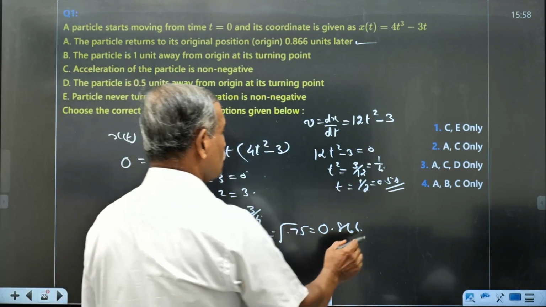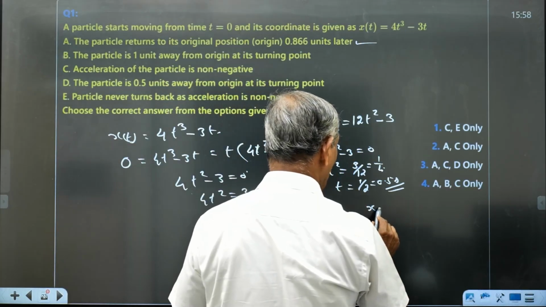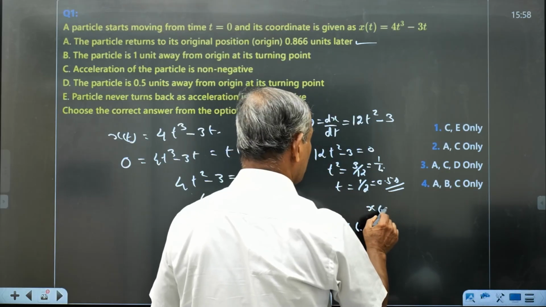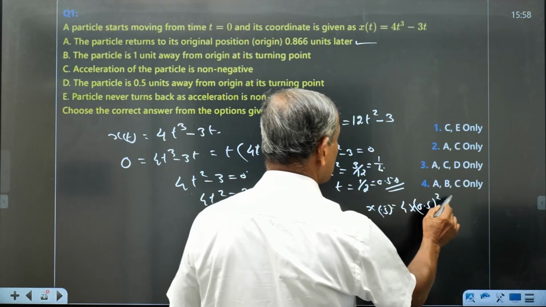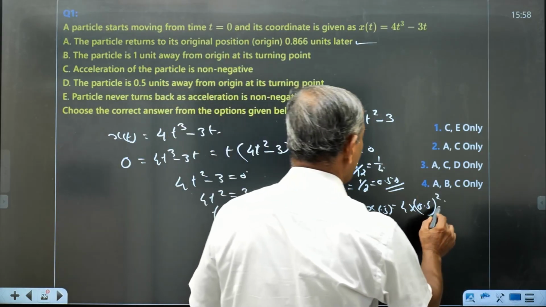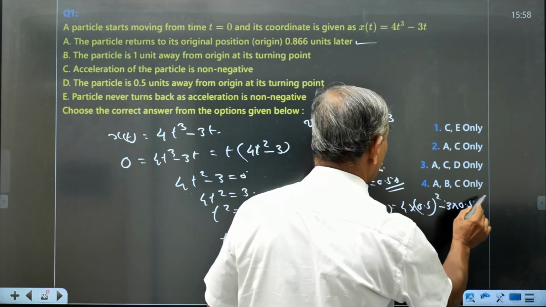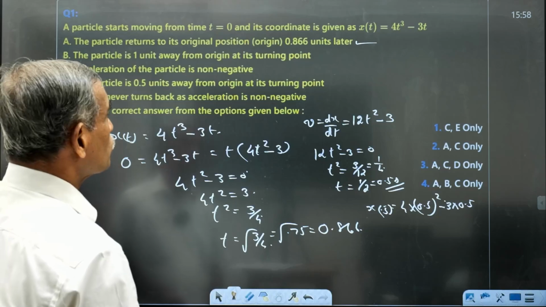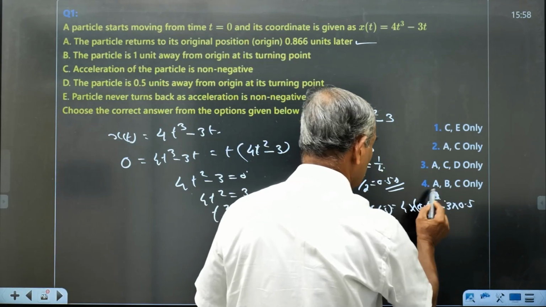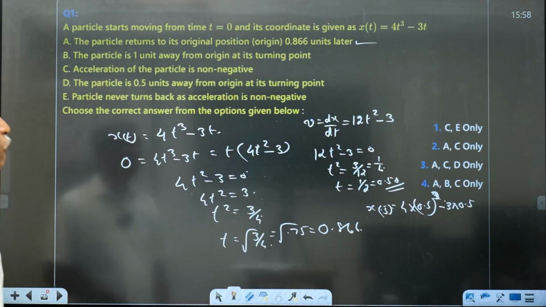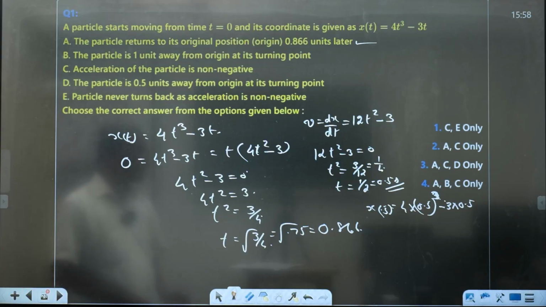Substituting at this time, x at the turning point, x at time 0.5, is equal to 4 into 0.5 cubed minus 3 into 0.5. That is the value of x at the time 0.5 second.